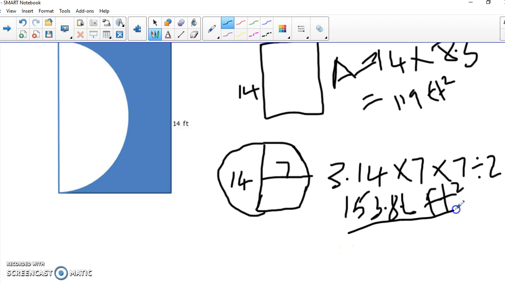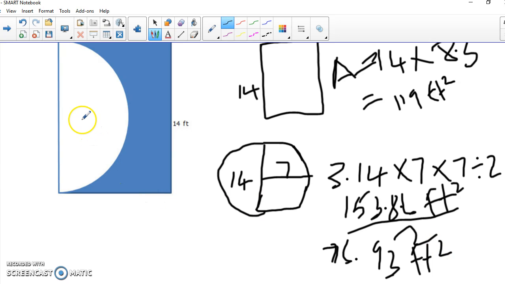Divided by 2, and that will be 76.93 feet squared.